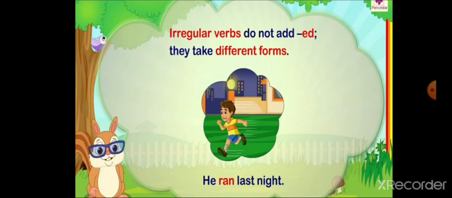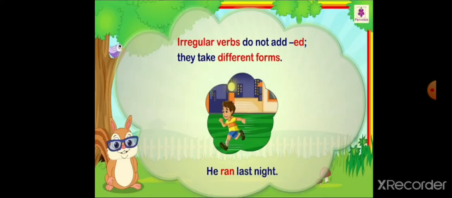So what will be the base form of ran? Run. Run, ran, right? So this type of verbs are known as irregular verbs. He ran last night. Means in this sentence, ran refers that this is the irregular verb.